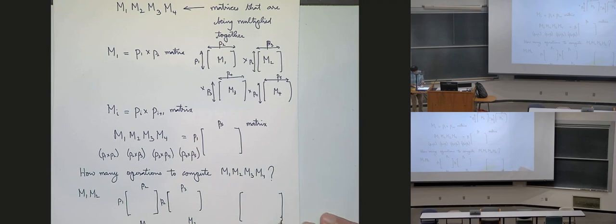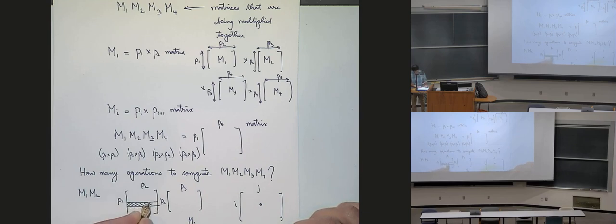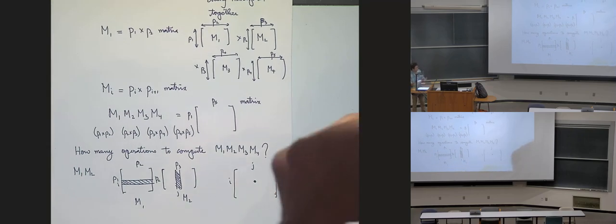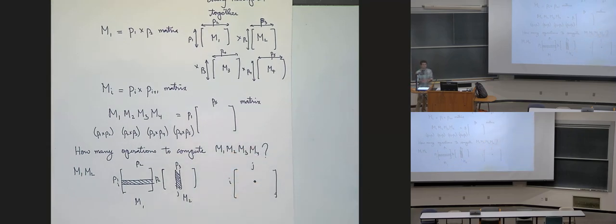So to get any entry of this matrix, so let's say you want the ijth entry over here, what do you do? You're going to take the ith row over here. You'll take the jth column, right? And then you take a dot product of those.